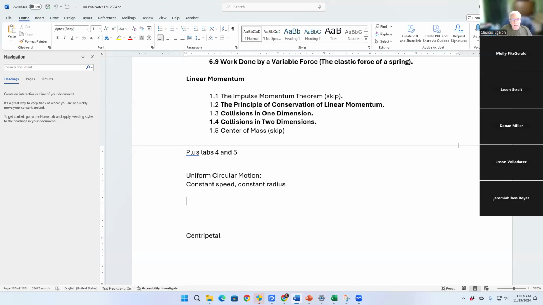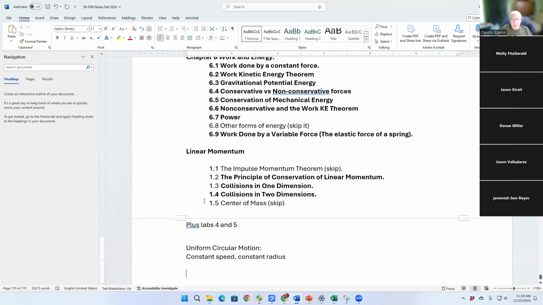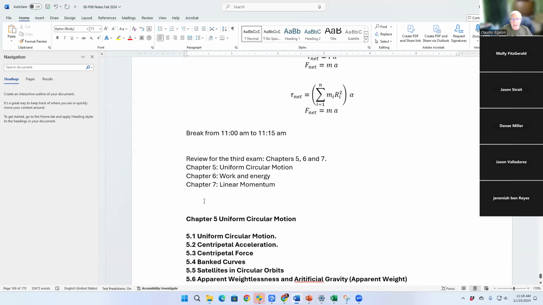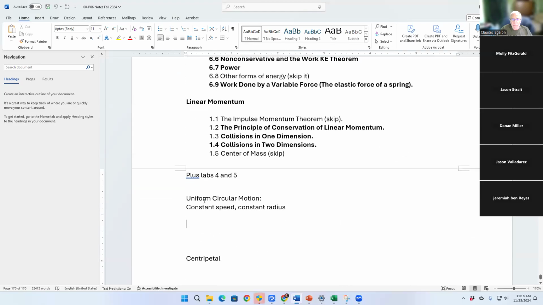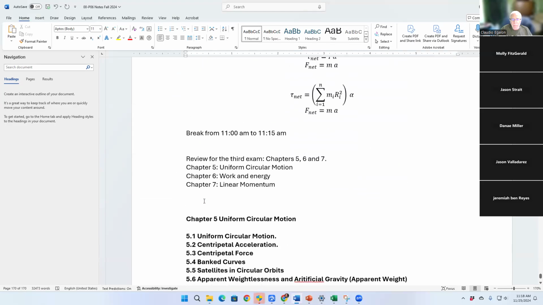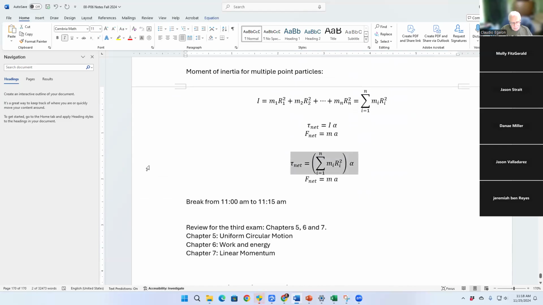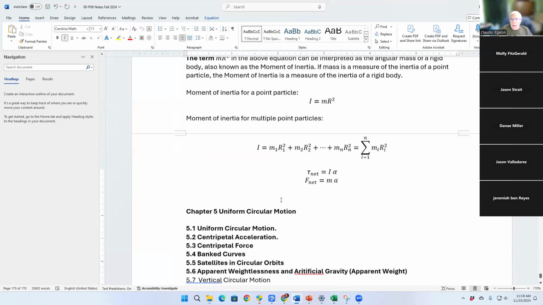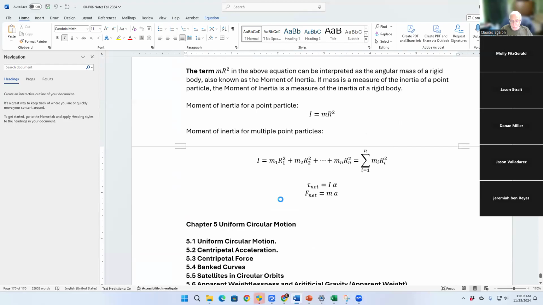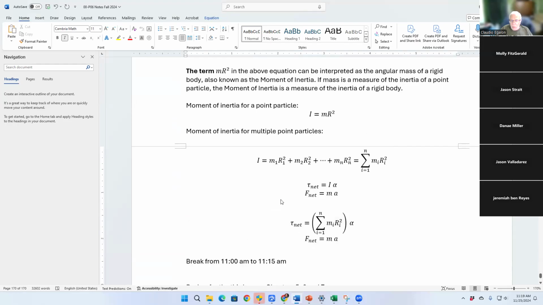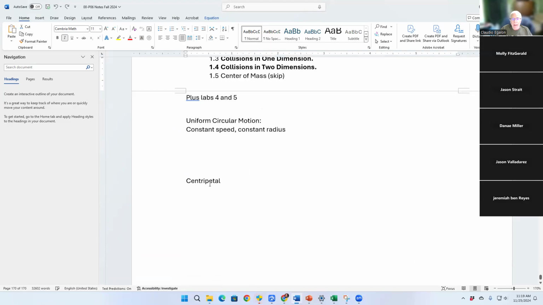And let's talk about the equations of motion for uniform circular motion.